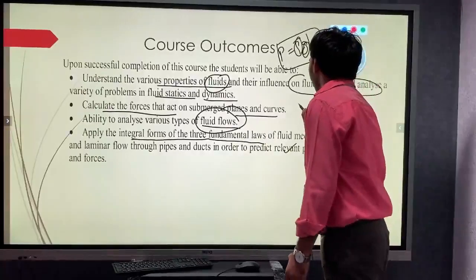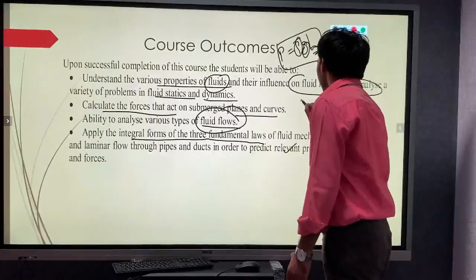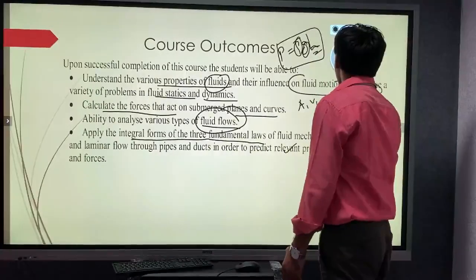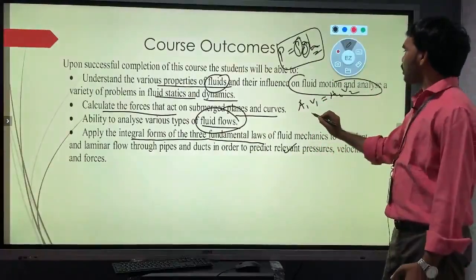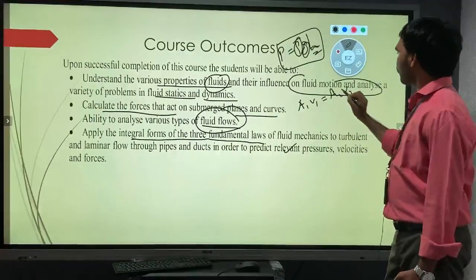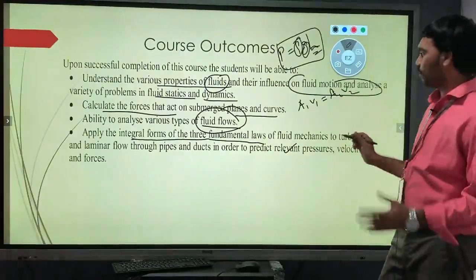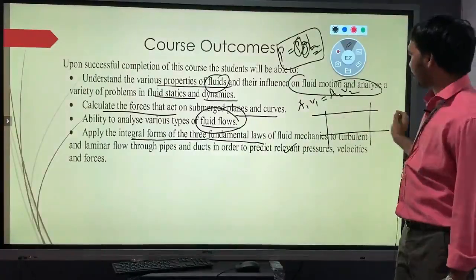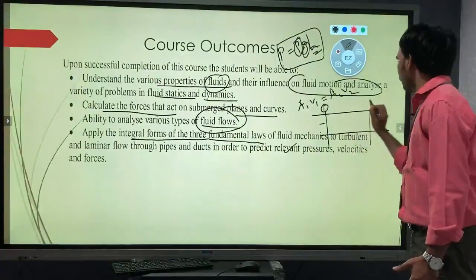And the second important concept is the continuity equation. This is the expression for discharge: for example, a fluid is flowing between 2 different sections, section 1 and section 2.